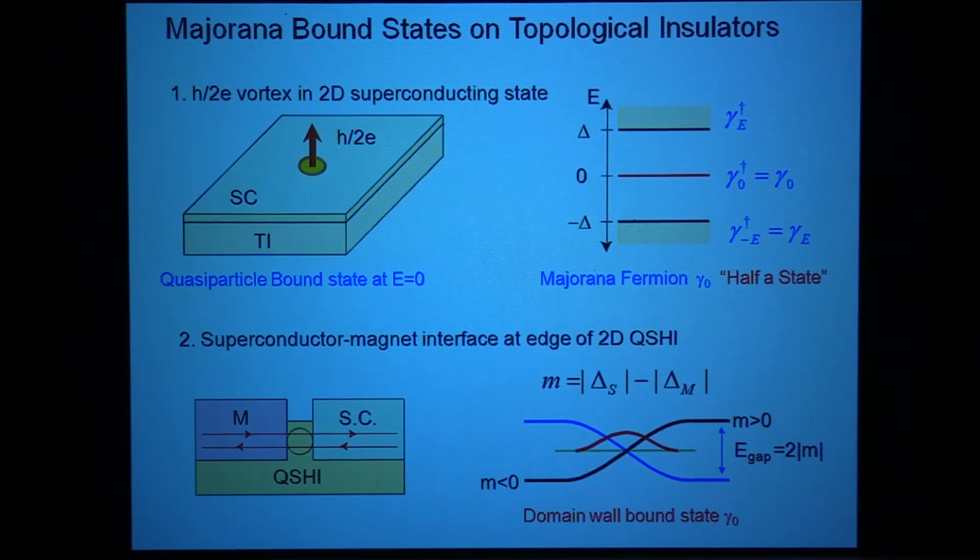Okay, and there are other ways you can do this too. If you instead take the two-dimensional quantum spin Hall insulator, then you have the helical edge state of the quantum spin Hall insulator, and you can gap that with a superconductor, or you can gap it with a magnetic gap. And on the boundary between these two, there will be a Majorana zero mode. So this is sort of like the one-dimensional topological superconductor.